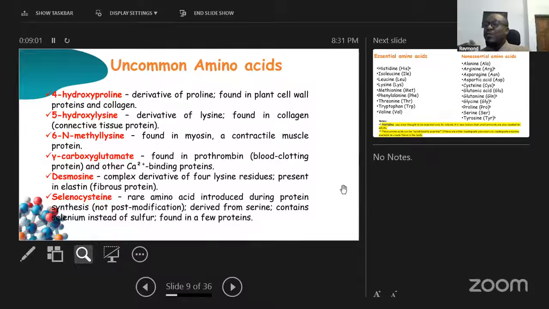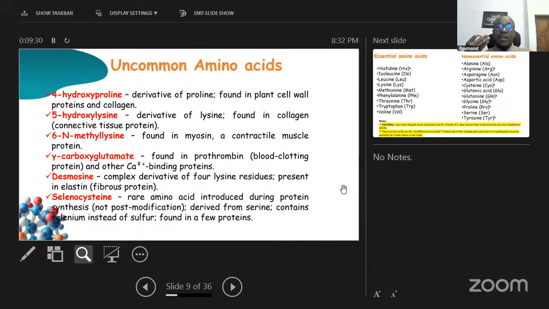So if vitamin C is not present, the enzyme will not be fully active to convert proline and lysine to 4-hydroxyproline and 5-hydroxylysine. So that's what they'll tell you: make sure you're not deficient of vitamin C. And that's why most of those creams are also rich in vitamin C, because they know that vitamin C is implicated in the synthesis of collagen.